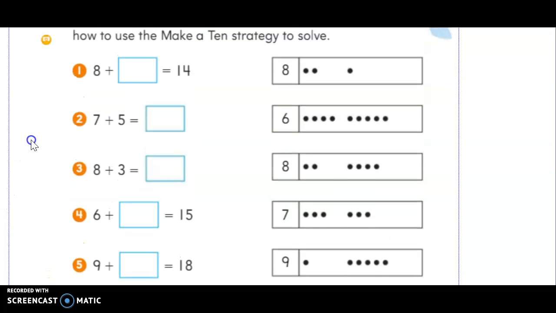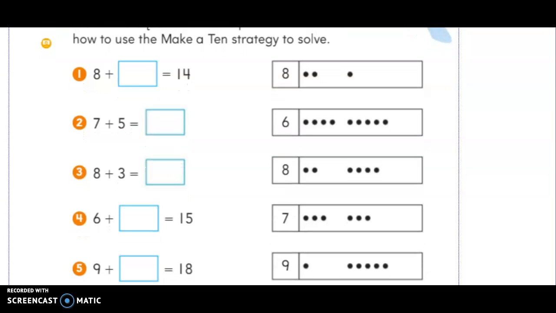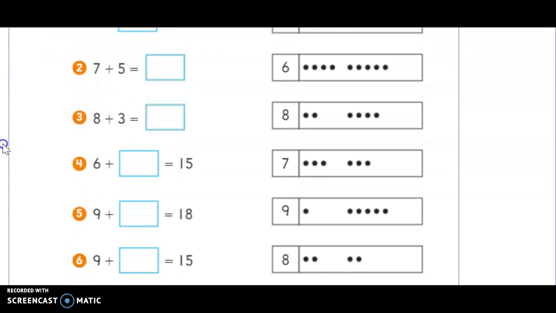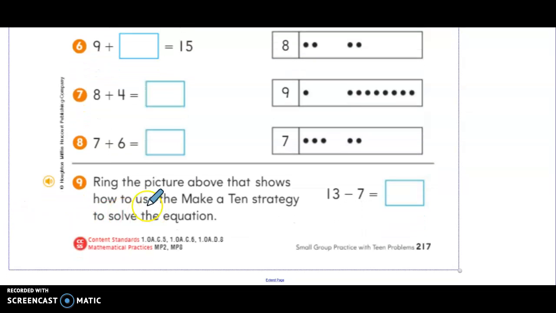So 8 choices. Okay. All right, number 9 says ring, which we know means circle the picture above that shows how to use the Make a 10 strategy to solve the equation. So find which one up here is going to show us how to use that strategy to find this answer.